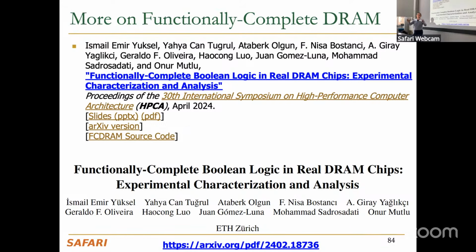You activate multiple rows concurrently. There's no way to do that in DRAM today, because DRAM assumes that you can only open one row at a time. Consecutively, you can do it, but you need to wait for some time to close the first row, such that the first row is guaranteed to be closed, and then you activate the next row.